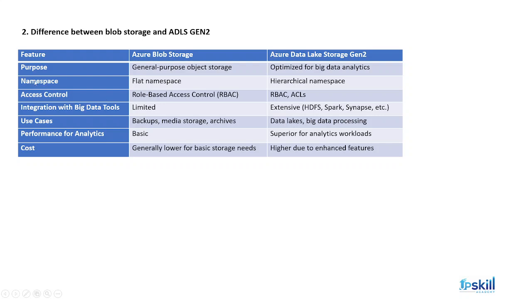Now, coming to the namespace. Azure Blob Storage has a flat namespace, but the Azure Data Lake Storage Gen2 account has a hierarchical namespace. Blob storage having a flat namespace means there are no real folders, and everything is stored as objects with the same name.